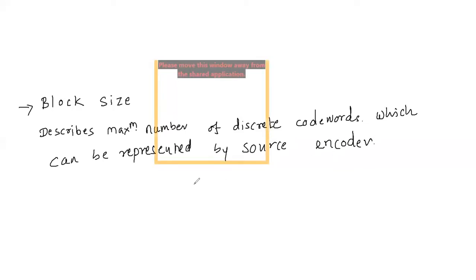It depends upon the number of bits of the code word. For example, if the block size is 8 bits, there will be a total of 2 raised to 8 code words, that is exactly 256 code words in the block size.